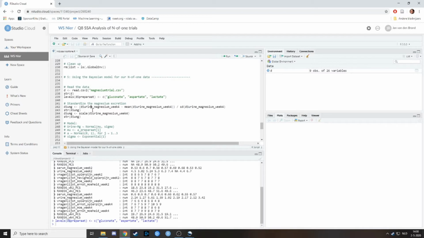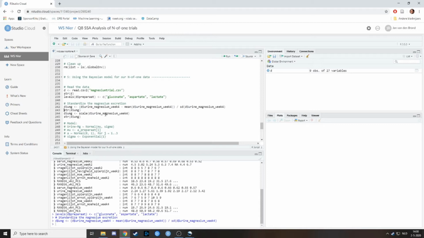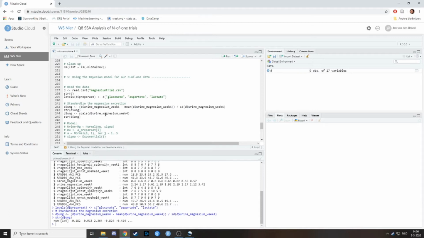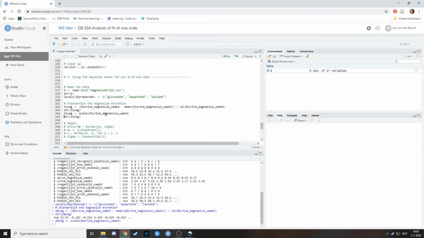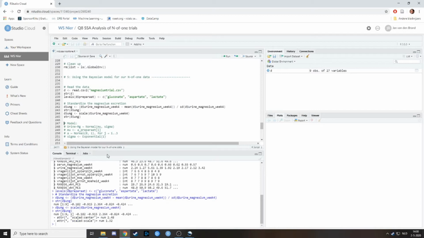Before we analyze the urine magnesium excretion, we're just going to rescale it or standardize it so that it becomes a normally distributed variable with a mean of 0 and a standard deviation of 1.